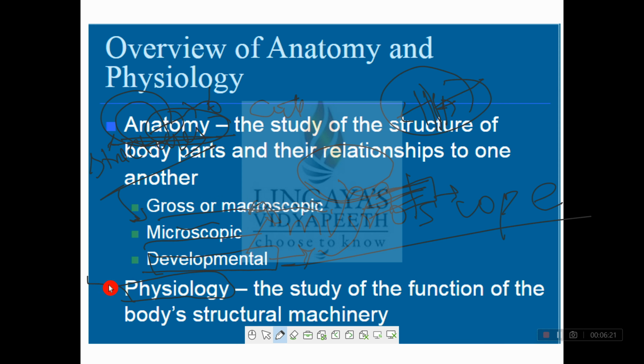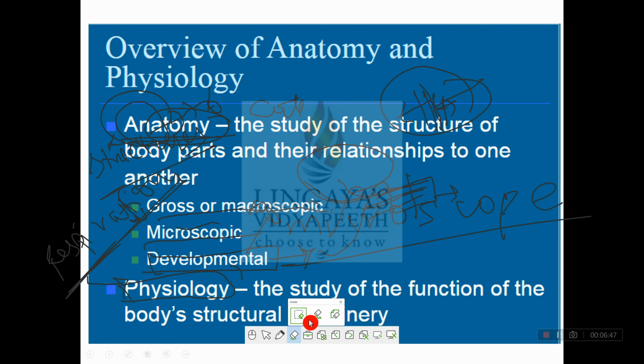But in physiology, the functions of the body's structure is known as physiology.